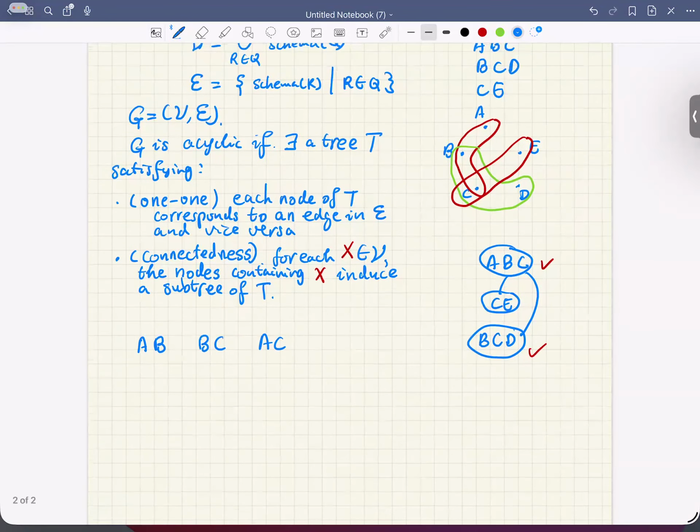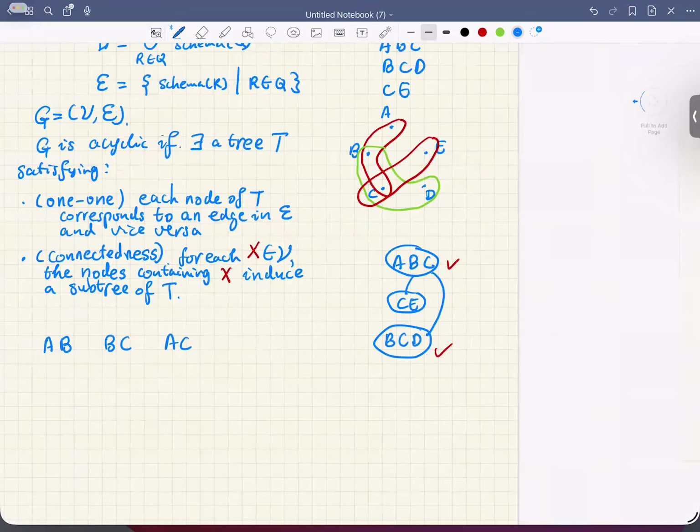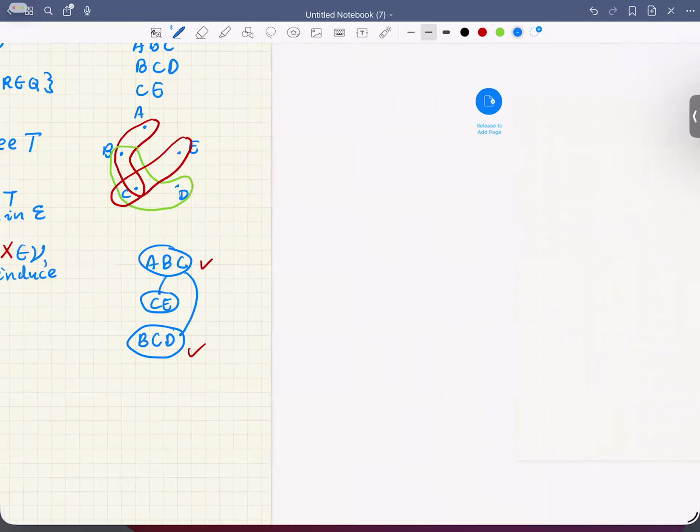Good, very nice. So now let's talk about cyclic joins. Remember, I said what the join problem is. I give you this query Q, and I want you to compute join Q. That's simple and clear.